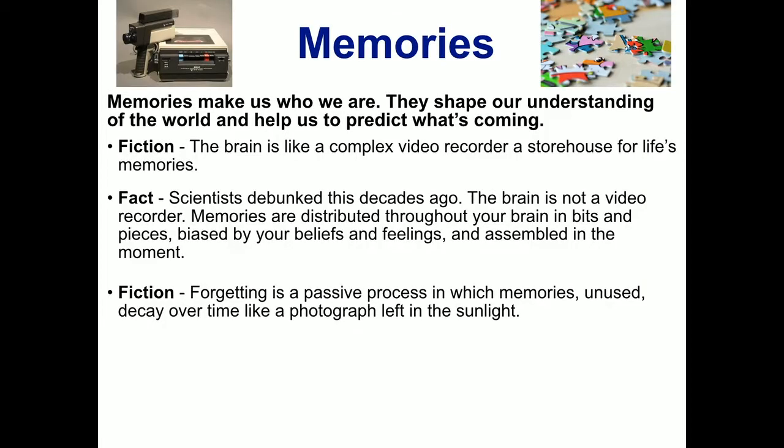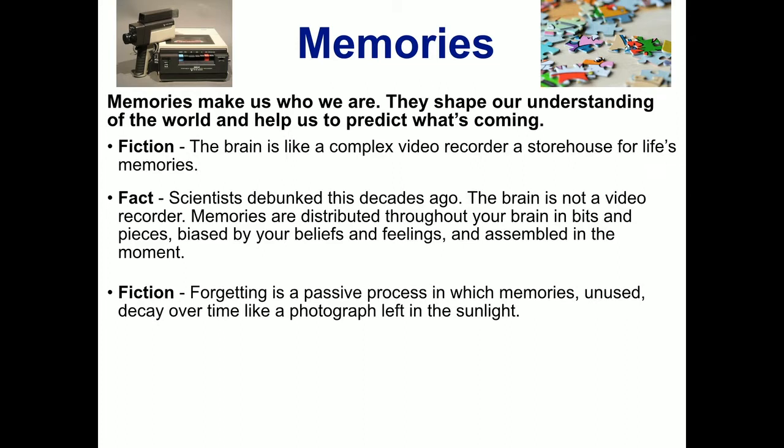So what else do we know about memory? Well, the fiction is that forgetting is a passive process. It's just something that happens almost like magic and we just forget things. Some memories are not very emotionally driven, so we tend to forget them quite quickly. Some are very emotionally driven and we tend to have a stronger memory.